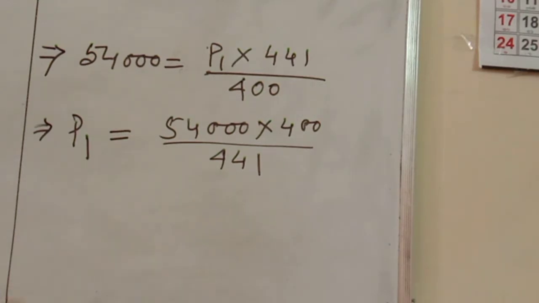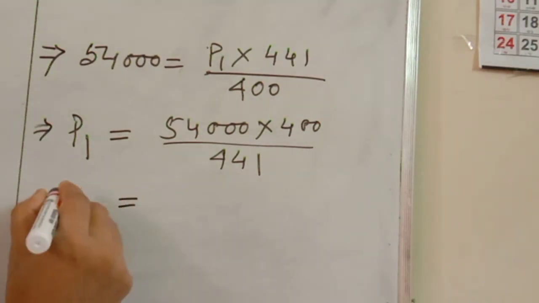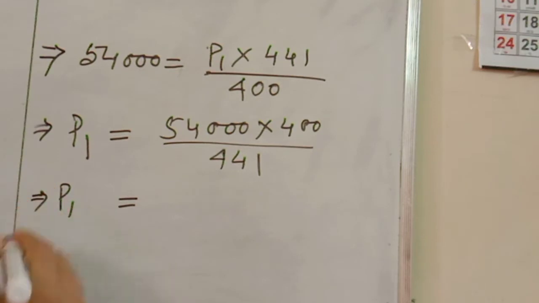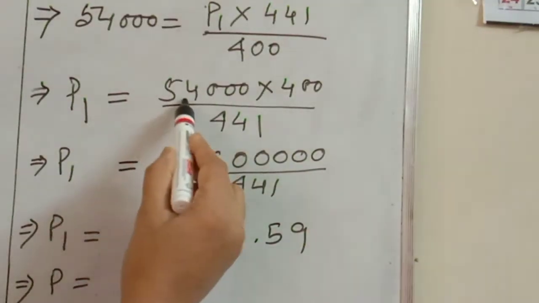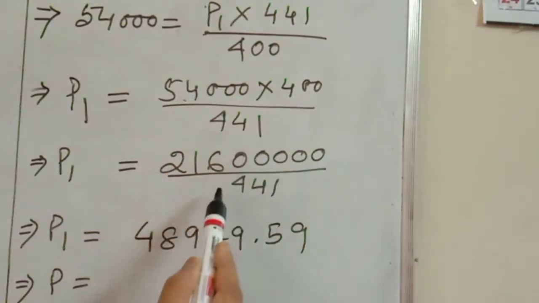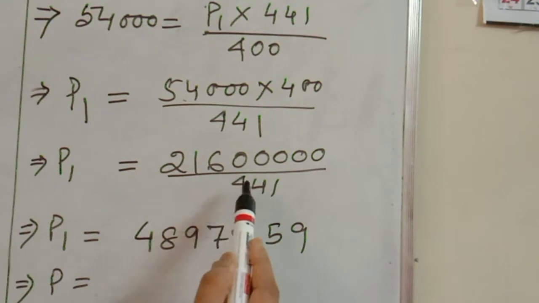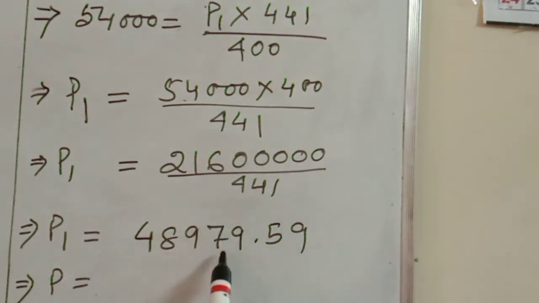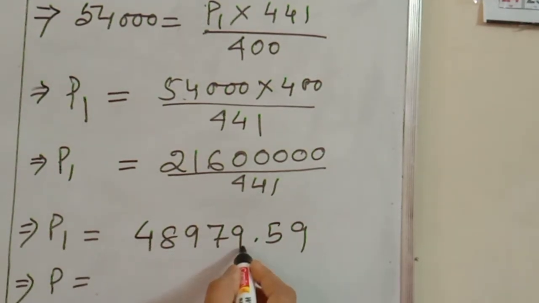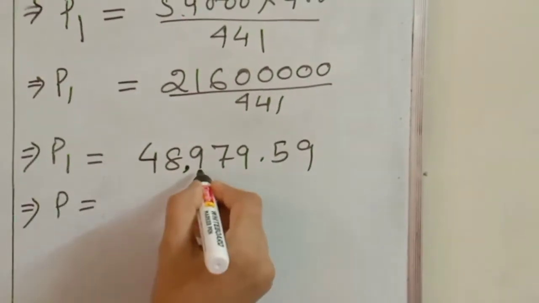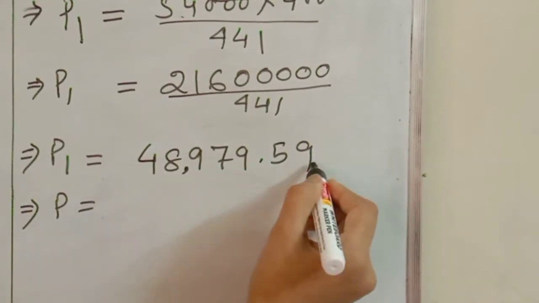Now if you multiply and divide, you will get this value. Do this calculation on your own. Multiply 54,000 into 400, you will get this value, and now divide by 441. If you divide this, you will get a decimal value, obviously: 48,979.59.